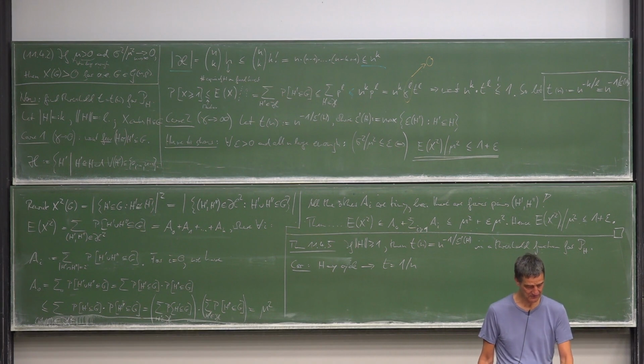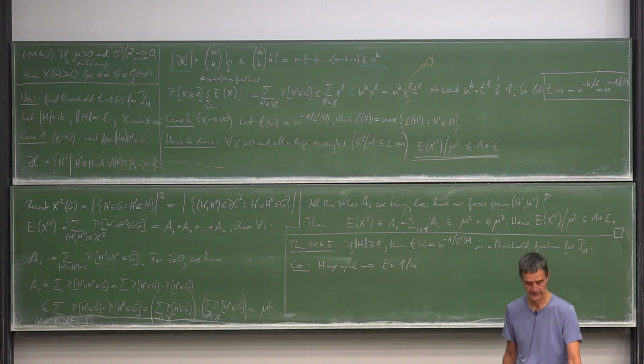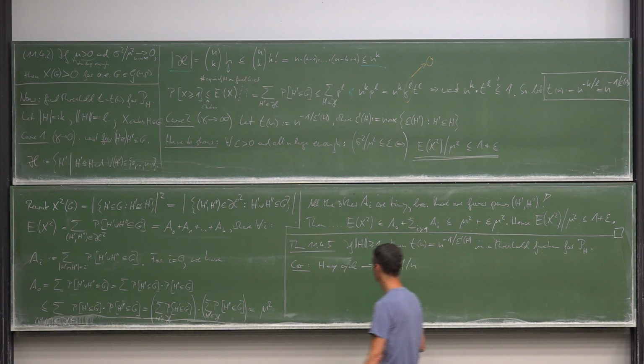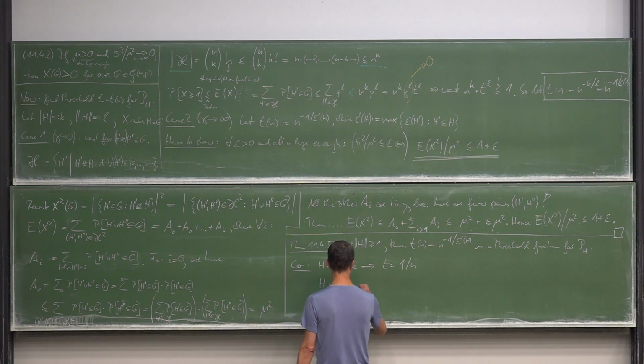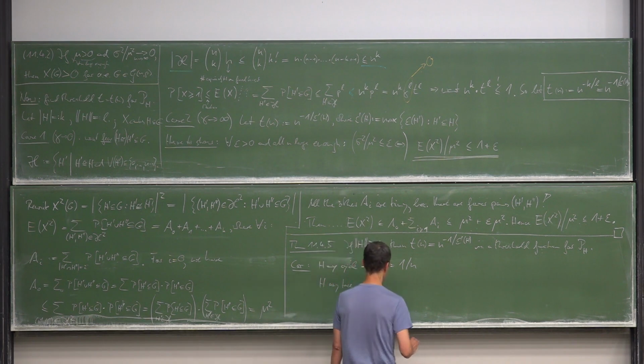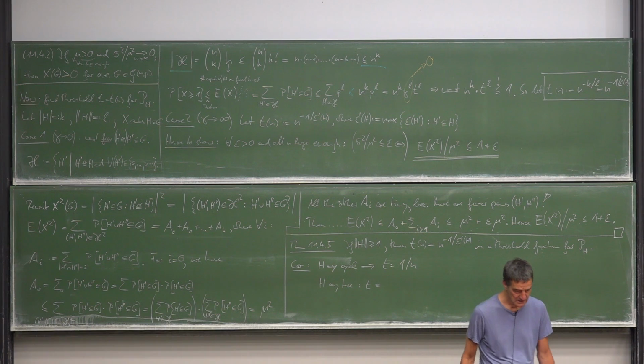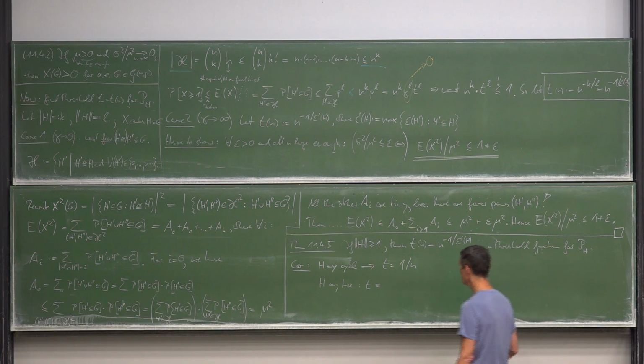Okay, next corollary, trees. Any tree, so T is n to the minus k divided by k minus 1.